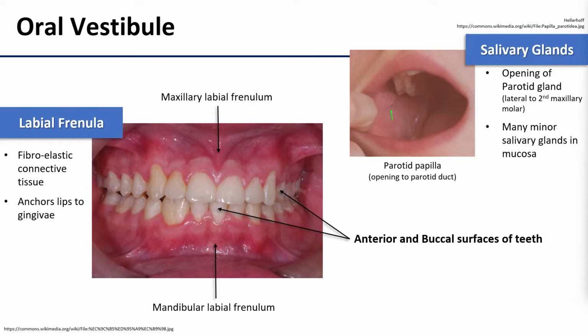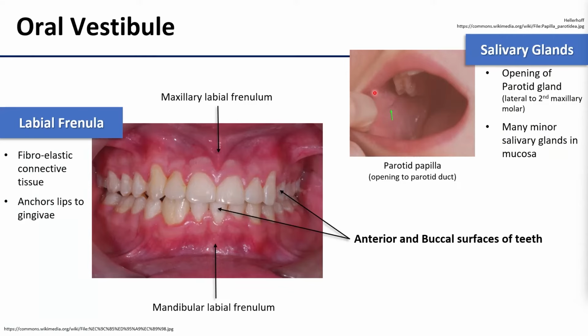The other big group of structures that we tend to find in and around the oral cavity are salivary glands and their related structures. The biggest of these is the opening of the parotid duct, which empties into the oral vestibule here through a little papilla just lateral to the second maxillary molar.